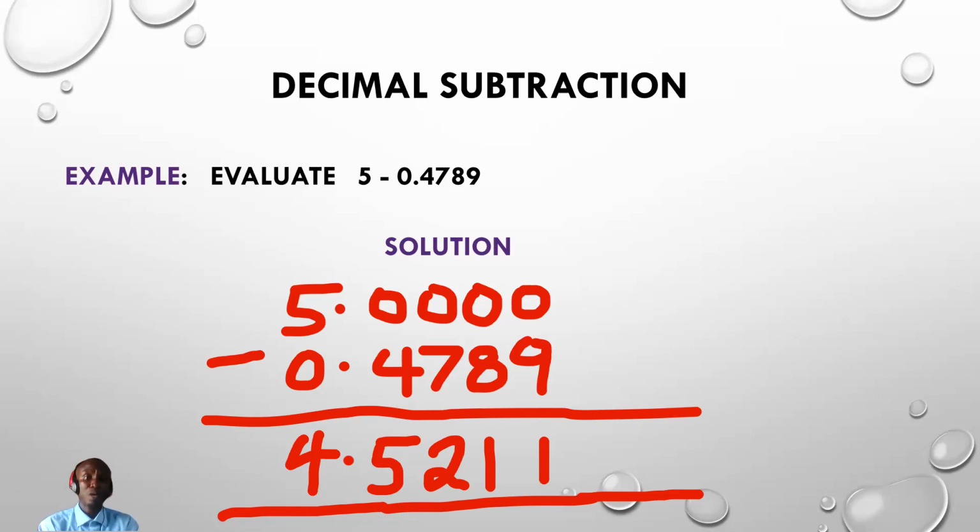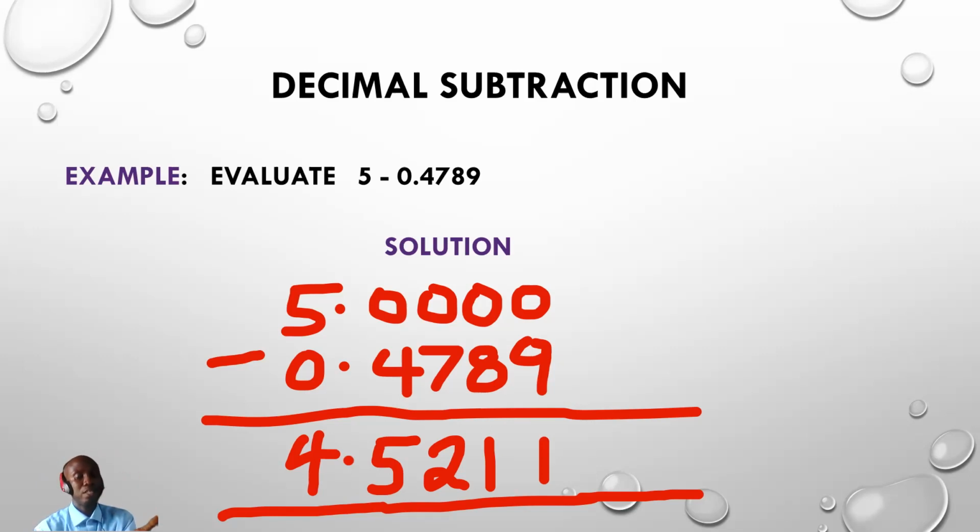Now fill up the decimal places in the other value, which is 0.4789. So we have 4 decimal places. Make sure you use zeros to fill up those decimal places before you start subtracting. So when you subtract, you carry on from place to place. 10 minus 9, we get 1.